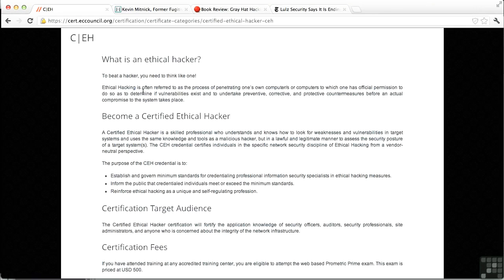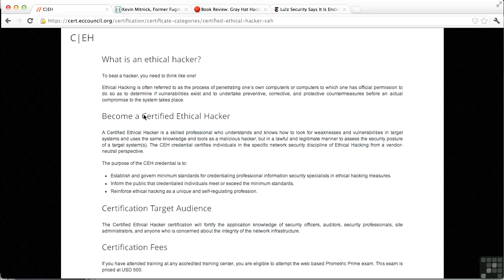Ethical hackers aren't out to destroy anything, and they're not out to break anything unless it's deemed to be acceptable as part of the engagement and also necessary in order to demonstrate a particular vulnerability to the organization that they are working with. So that's an ethical hacker.